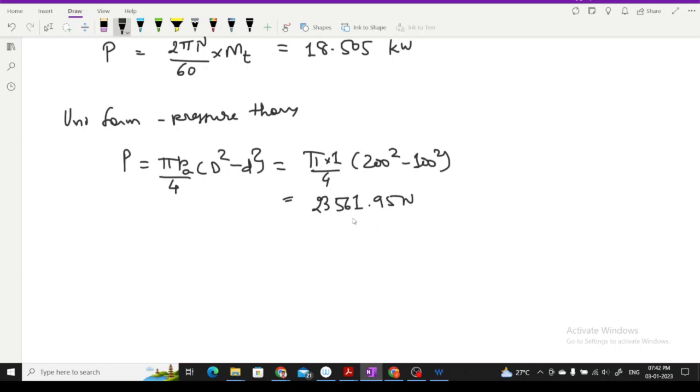Anyone got this? 23561.94. Correct. So now for this uniform pressure theory, the frictional torque with the help of this axial force can be calculated from this relation. So here also you have everything with you. Mu is 0.2, P you have calculated, you have inner and outer diameter. So can you tell me what is this frictional torque?